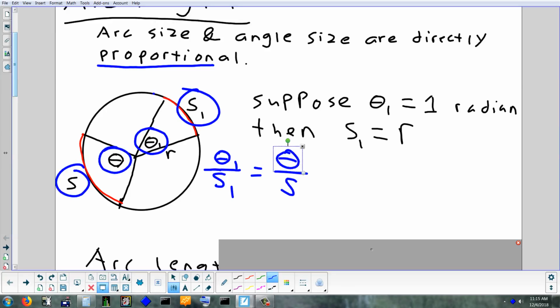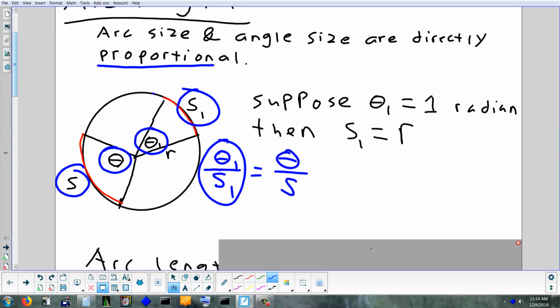And the reason I can do that is because those 4 things are directly proportional. That's the first thing I showed you. This angle compared to this arc is proportional to that angle compared to that arc. Now we're going to fill in our 1 foot, 12 inch fact. That's not our fact, but it's the starting fact.